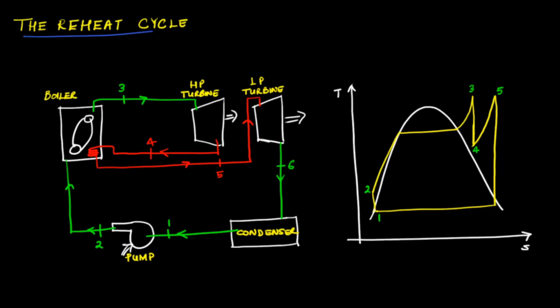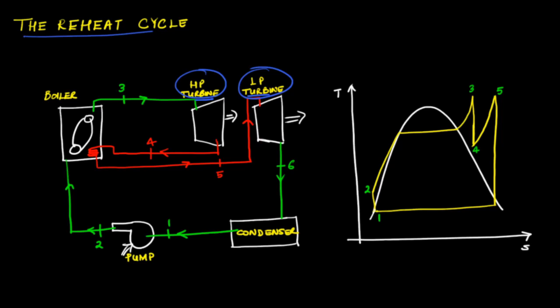So what we mean by reheat is that in this cycle, if you look at this diagram, it resembles the basic Rankine cycle with superheat, and the difference is that we now have two turbines. One is the high pressure turbine and the other is a low pressure turbine.